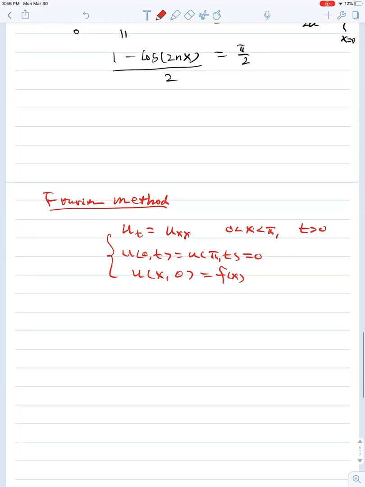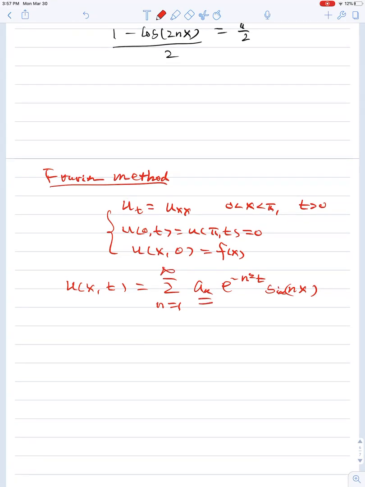Fourier says that the solution can be written as u(x,t) equals the sum of a_n e to the negative n squared t sin nx, where n runs from 1 to infinity.